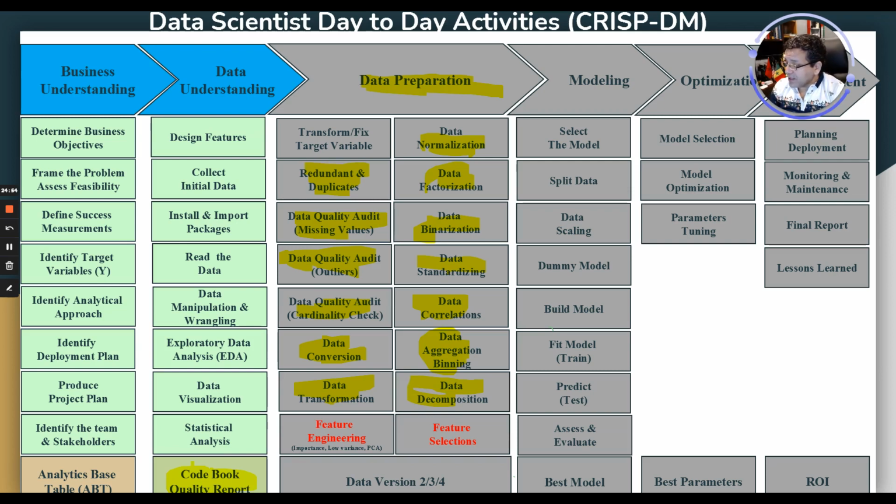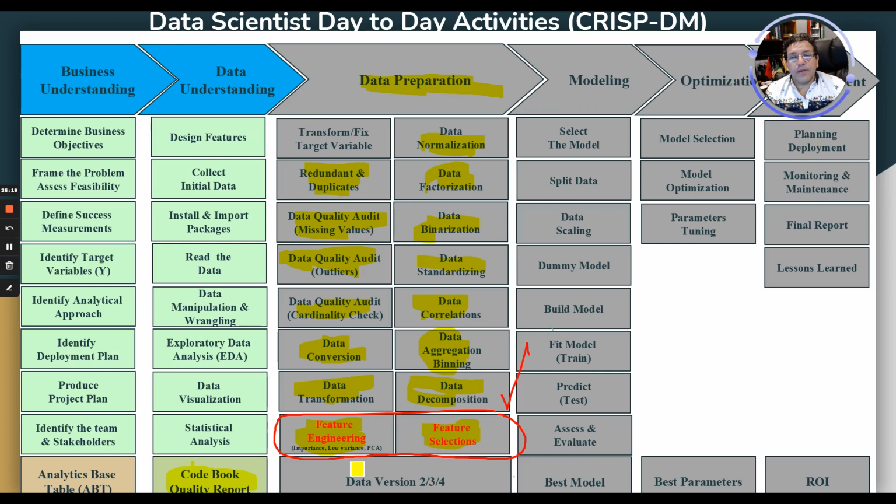There are two things here that I marked in red. They are the best or the most important steps in data preparation and data preprocessing, and that is feature engineering or feature creation and feature selection.